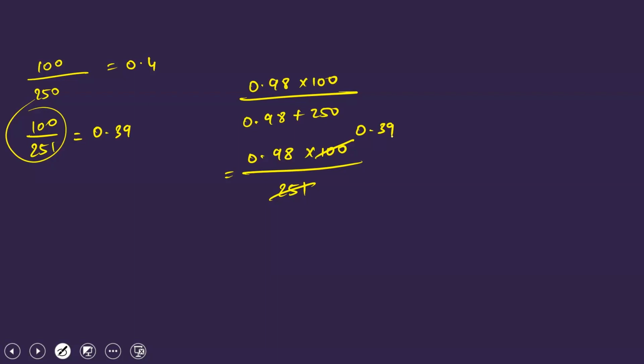Just now we wrote 100 by 251 is 0.39, correct? Now what you have to do is just multiply 39 and 98. 98 ரெண்டு நம்பர் கம்மி, ஒன்று தானே இன்க்ரீஸ் ஆயிருக்கு. இப்போ நான் ப்ராப்பர் கால்குலேஷனே போட்டு சொல்கிறேன் எவ்வளோ வரும்.